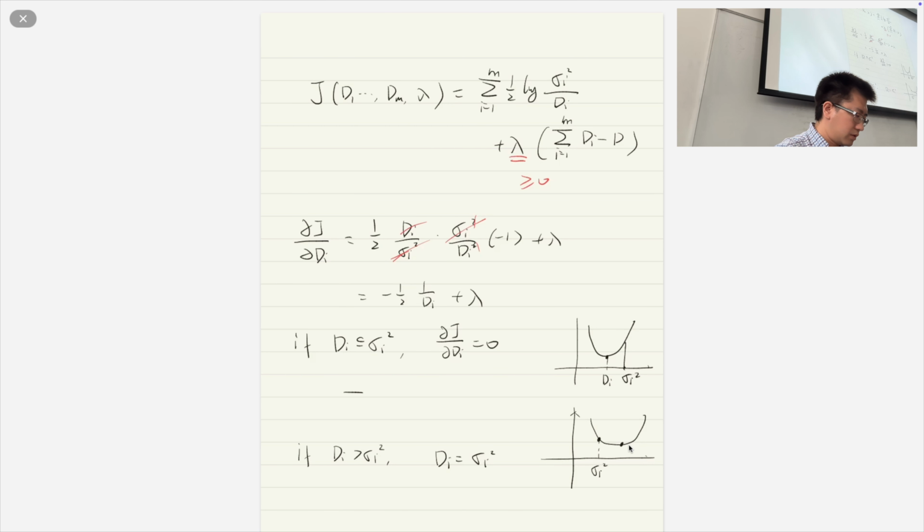For the first case, we can see that di will equal 1 over 2 lambda, right? And lambda is just the Lagrange multiplier, doesn't matter. We'll set the whole thing equal to nu, right? So that should look familiar. We used this notation before. All right, given this, we now solve the problem. Therefore, di is just equal to the minimum of nu and sigma I square.